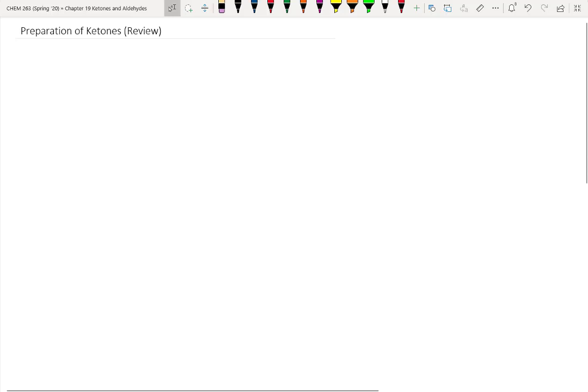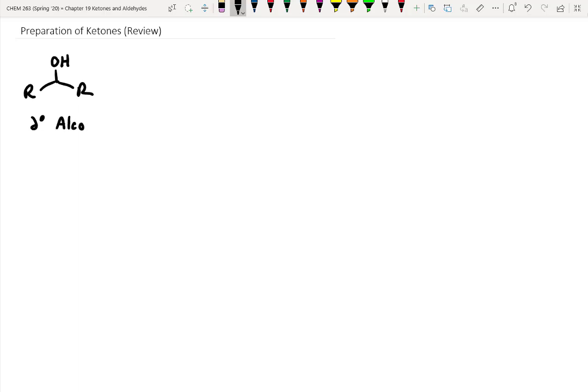All right, with ketones, we saw ketones being created a lot last term. Most of this is going to be similar to the review we just saw for aldehydes, but we can make them from secondary alcohols, where we can oxidize the C-O single bond into a C=O double bond. And really you have some options here.